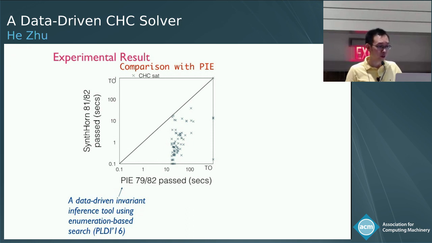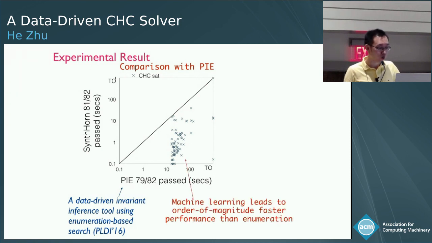We use the benchmarks used to evaluate Pi. We find that our tool is an order of magnitude faster. We believe the improvement of performance should attribute to the use of machine learning, which can search in the unbounded linear arithmetic domain more efficient than an enumeration-based approach.